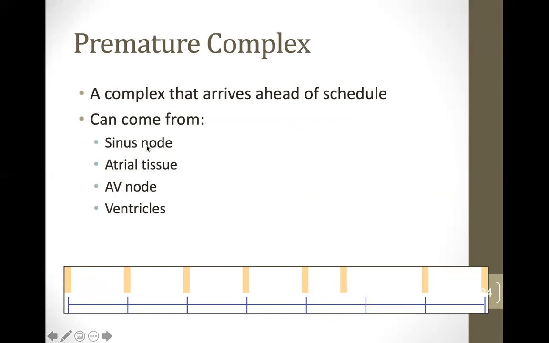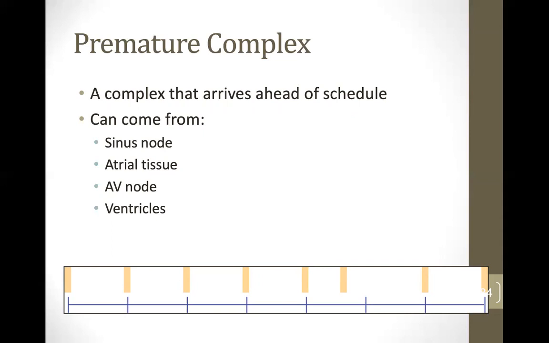It could be coming from the SA node, the atria, the AV node or the AV junction, or the ventricles. So it could be coming from anywhere, but it fires and it's like, oh, wait, I just fired. And then it kind of shakes its head and says, okay, let's just go back to being normal again, right?